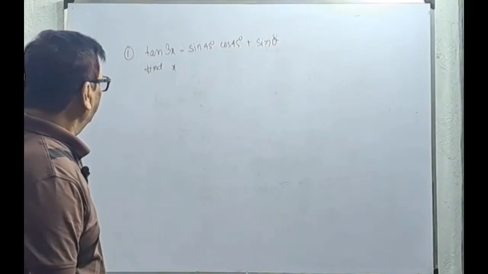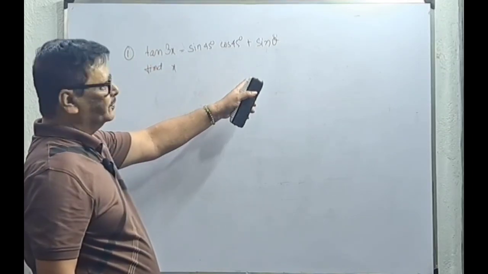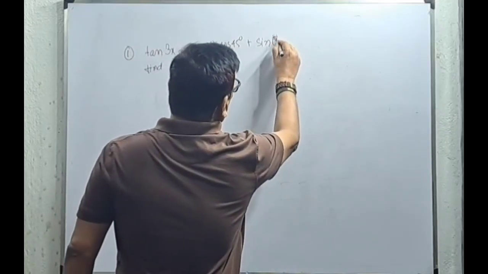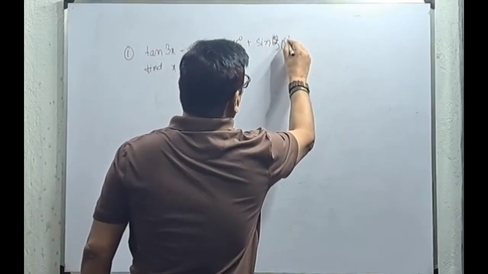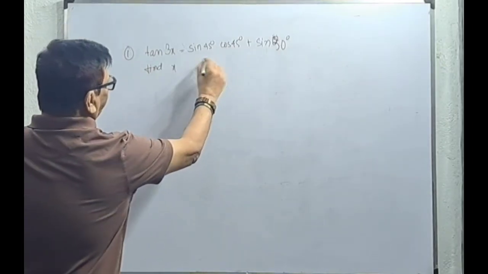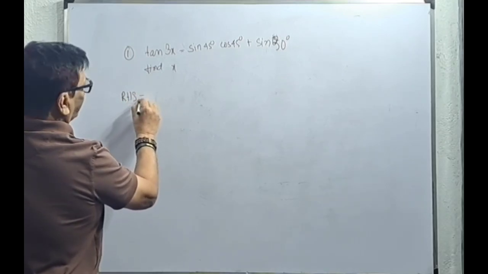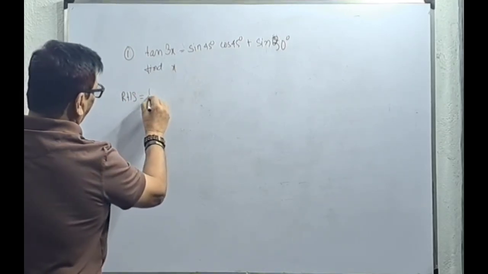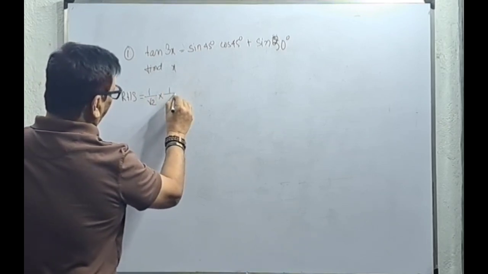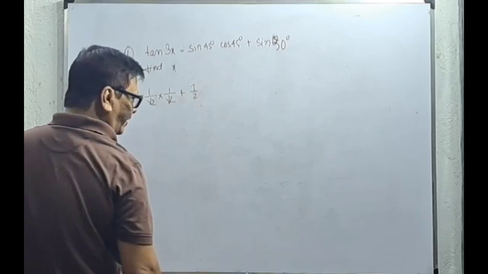The first problem is tan 3x is equal to sine 45 degree cos 45 degree plus sine 30 degree, right? So first we find right hand side is equal to, so sine 45 is 1 by root 2 multiplied by 1 by root 2 plus 1 by 2, correct?